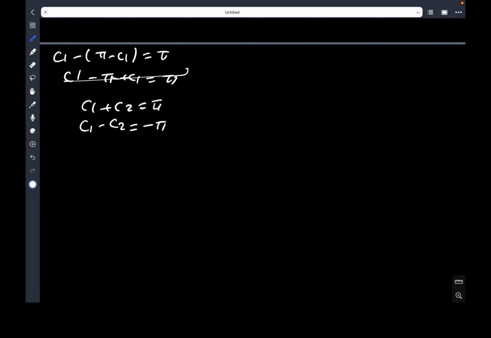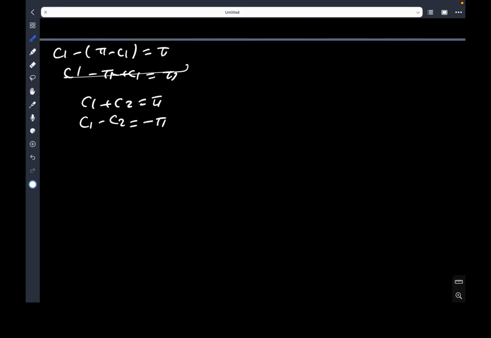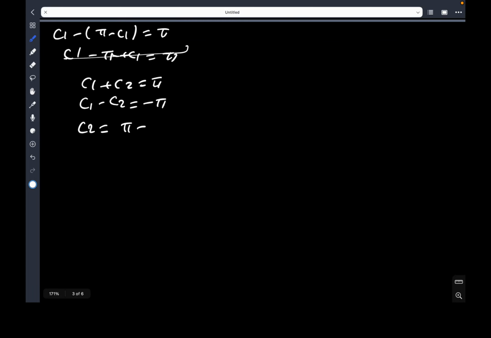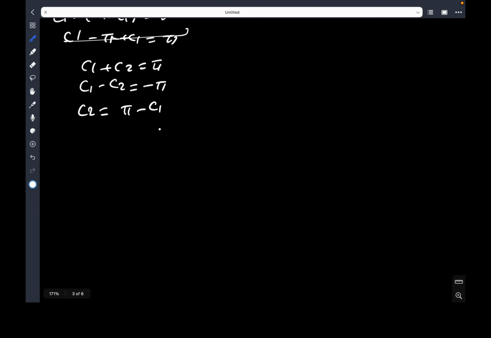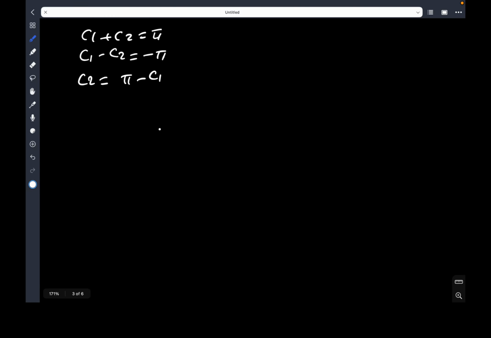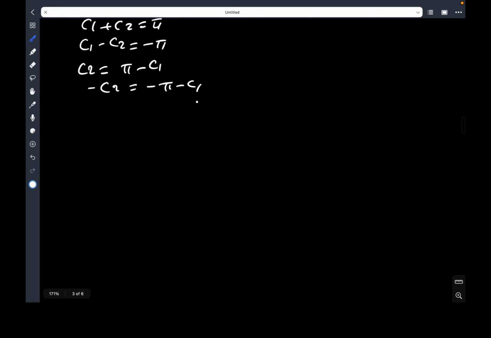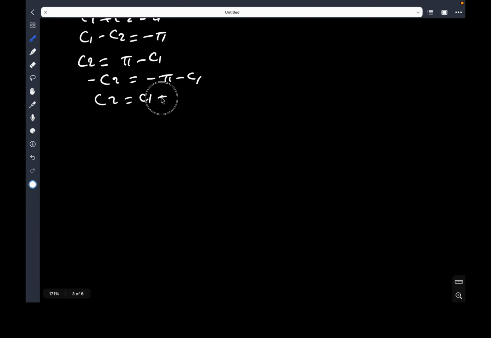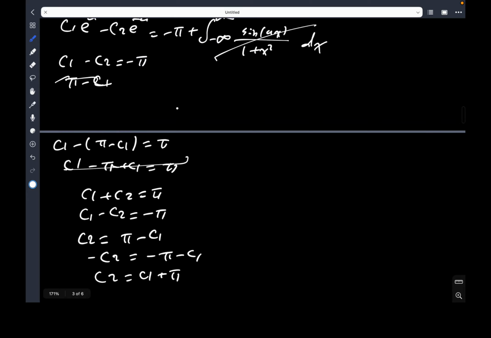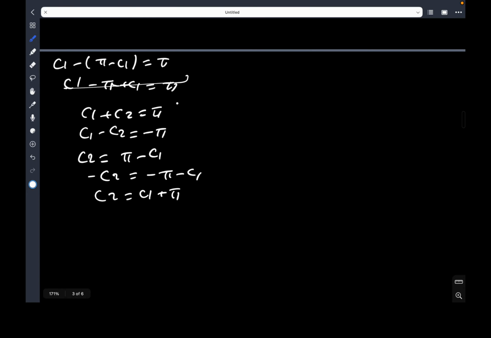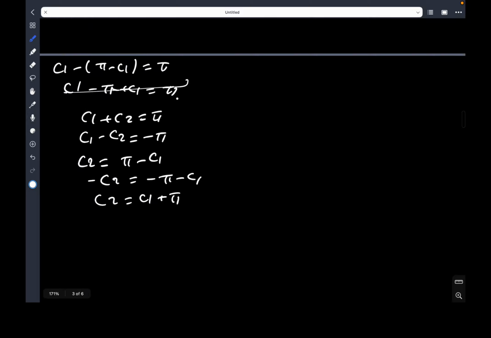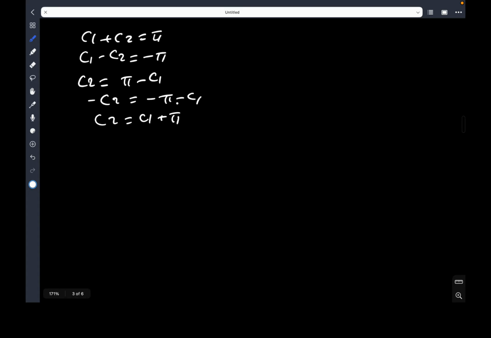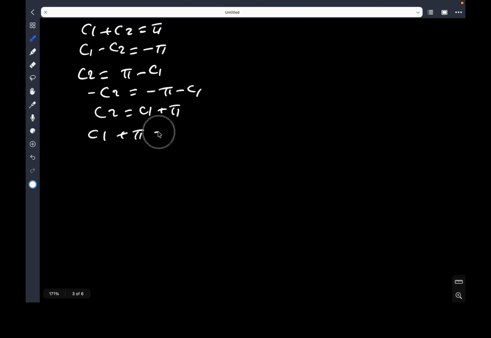This system is easy to solve, I just got confused a little bit. I'm going to say c2 equals pi minus c1, and negative c2 is going to be negative pi minus c1. Thus c1 plus pi is going to be pi minus c1. Thus c1 should be equal to 0.